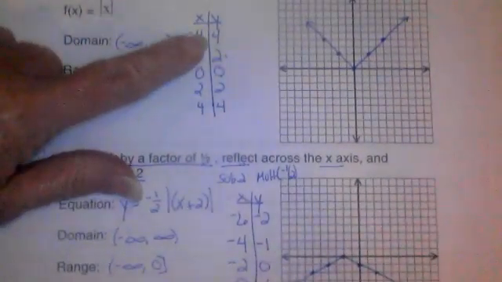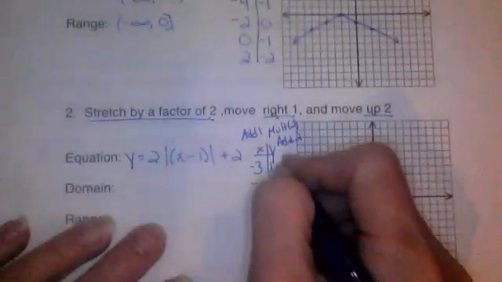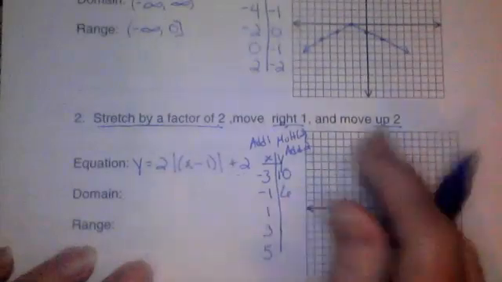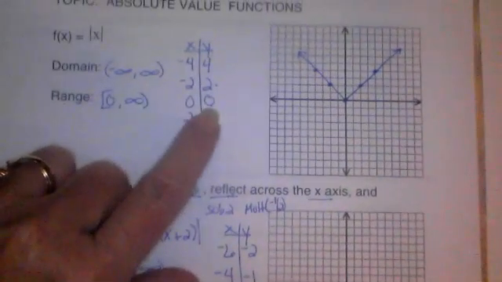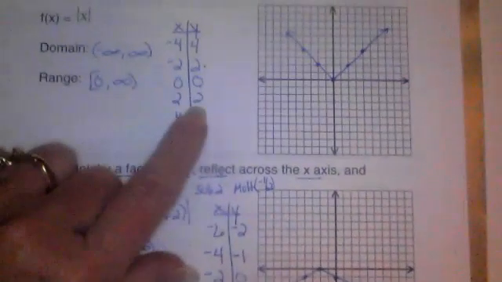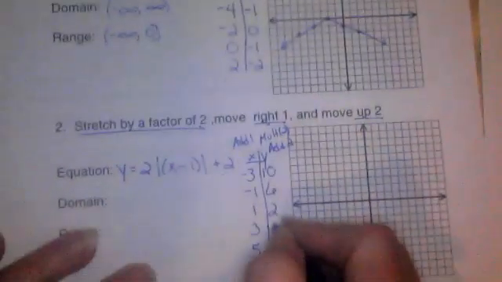So 4 times 2 would be 8, plus 2 would be 10. 2 times 2 is 4. Add 2, we get 6. 0 times 2 is 0. Add 2, we get 2. 2 times 2, 4. Add 2, 6.